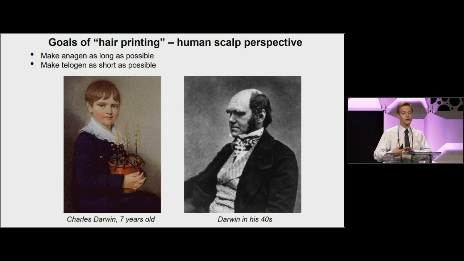If we take a purely human scalp perspective, which is clinically very relevant, what's important is that anagen should be as long as possible, because what's desirable is very long hair strands. And telogen should also be as short as possible. The main reason is that human scalp hair follicles do not retain old club hairs for a very long time.